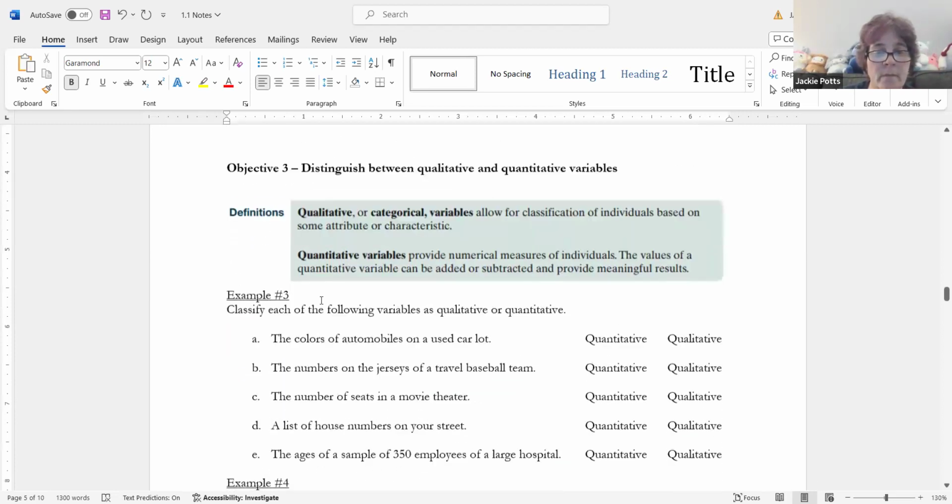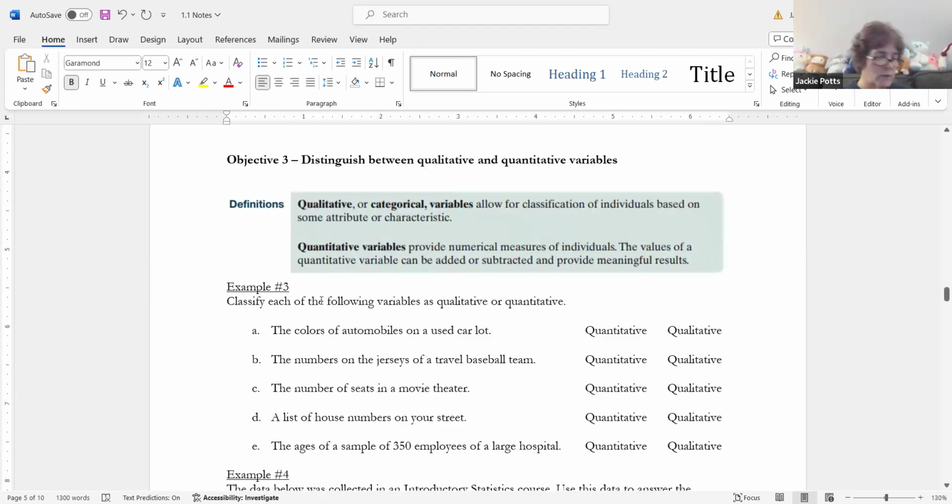All right. Let's talk qualitative versus quantitative. Again, you guys memorize if you want, but I don't like memorization. I want you to be able to tell me. Qualitative is descriptive, something that can't be measured.